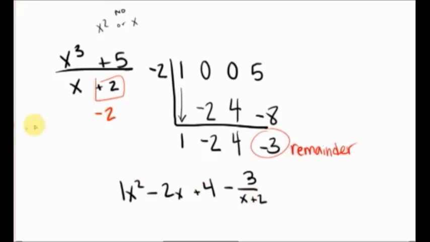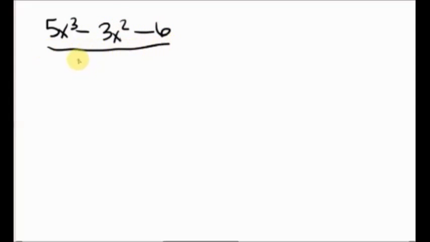That was it. Alright, and we have one more problem to do today, and it's relatively easy. I mean, if you know what we're doing. So we've got 5x cubed minus 3x squared minus 6 over x minus 1.